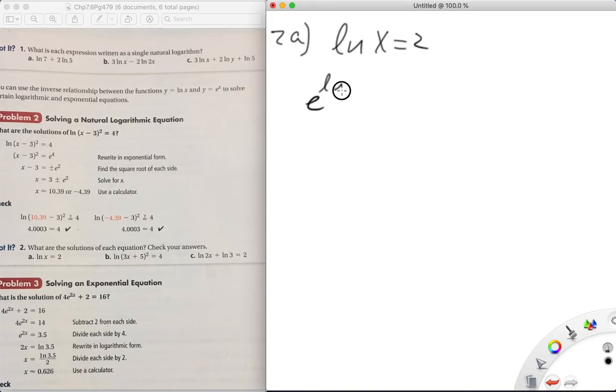So e to the ln of x equals e squared. e and ln cancel out, so I got x equals e squared. And e squared is 7.39.